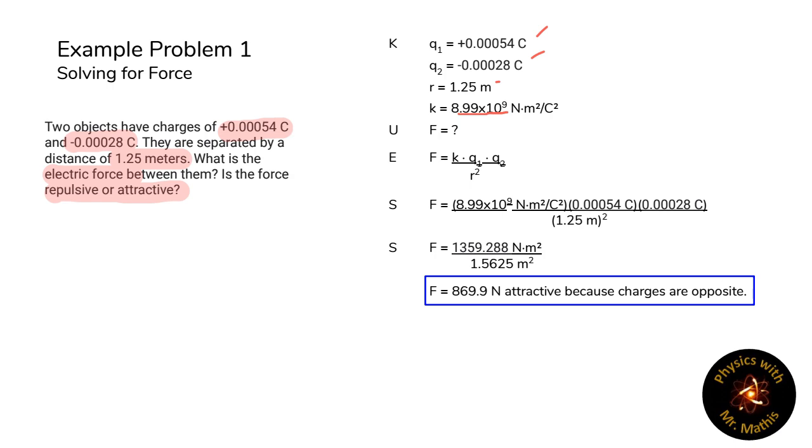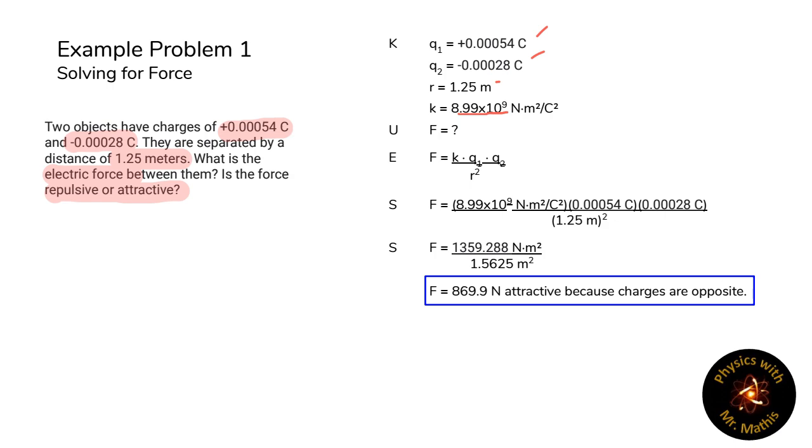Now you notice I did not include the positive and negative signs here, and that was on purpose. It's not a mistake. You can do this problem including the signs as you work your way through, but it makes the math more complicated. It's much simpler just to look at the signs and decide at the end whether it's repulsive or attractive.